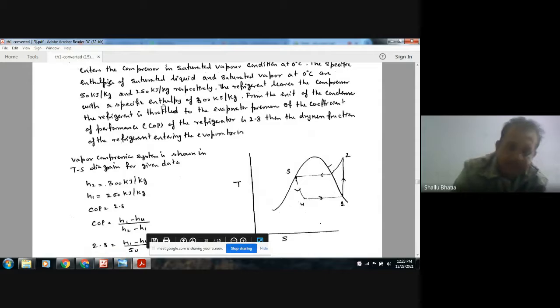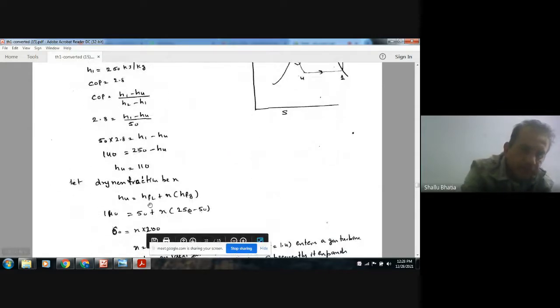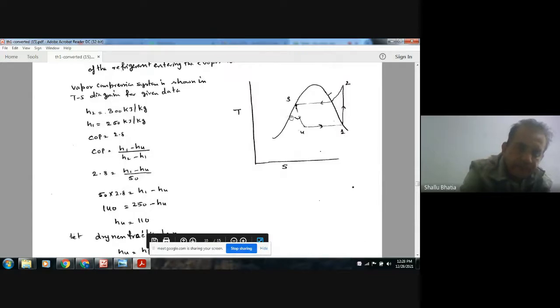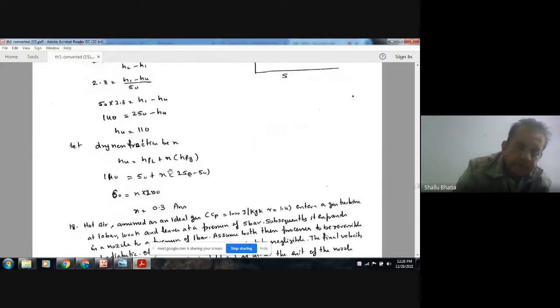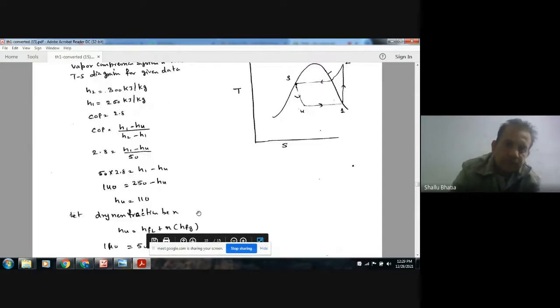If X is the dryness fraction, H4 is equal to HF plus X HFG. So 110 is equal to 50 plus X times (250 minus 50). So X is equal to 0.3. This is the answer.